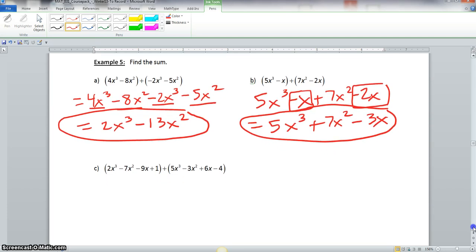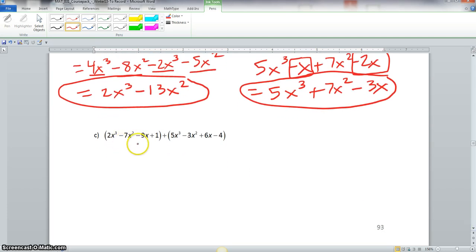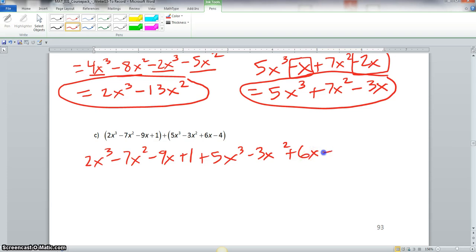Now we scroll down here to C. Now this is longer, but it's still the same concept. So we will have 2x cubed minus 7x squared minus 9x plus 1 plus 5x cubed minus 3x squared plus 6x minus 4. So we combine the like terms.